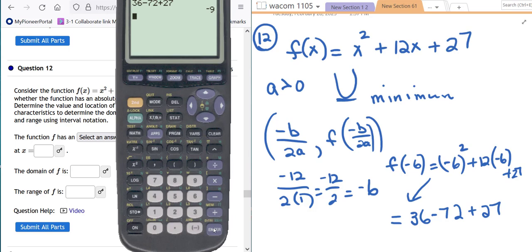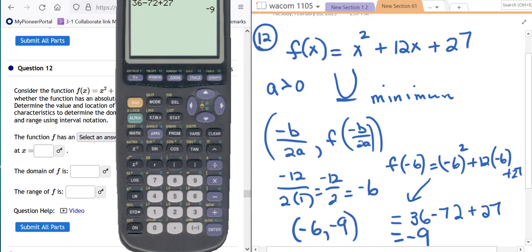So this is a negative 9. If we were putting it in the calculator just to do the math, we would type this in, y equals, and then we would do second calc value and say x equals negative 6. That would give us negative 9. So that is how to do the math on your calculator if this was worse than it was. Okay. But we'll skip that step because it wasn't horrible.